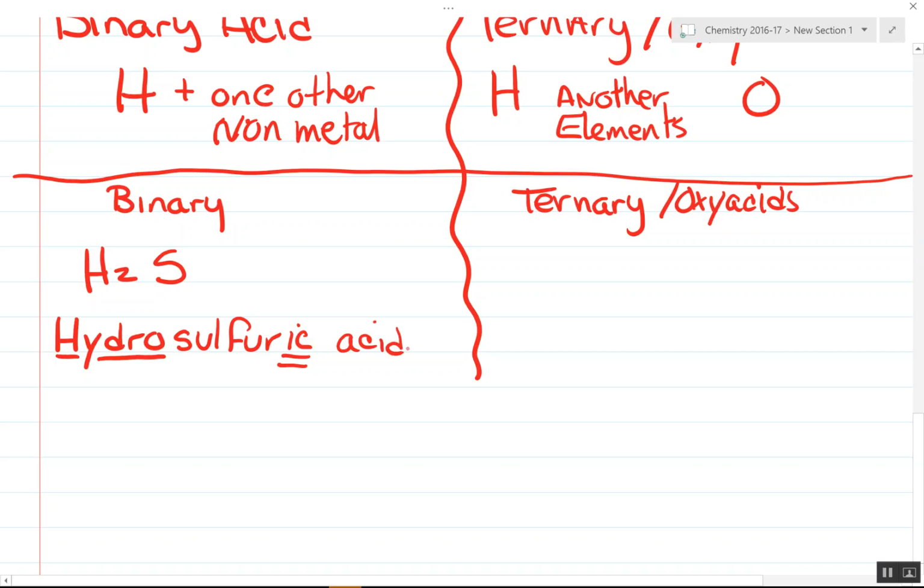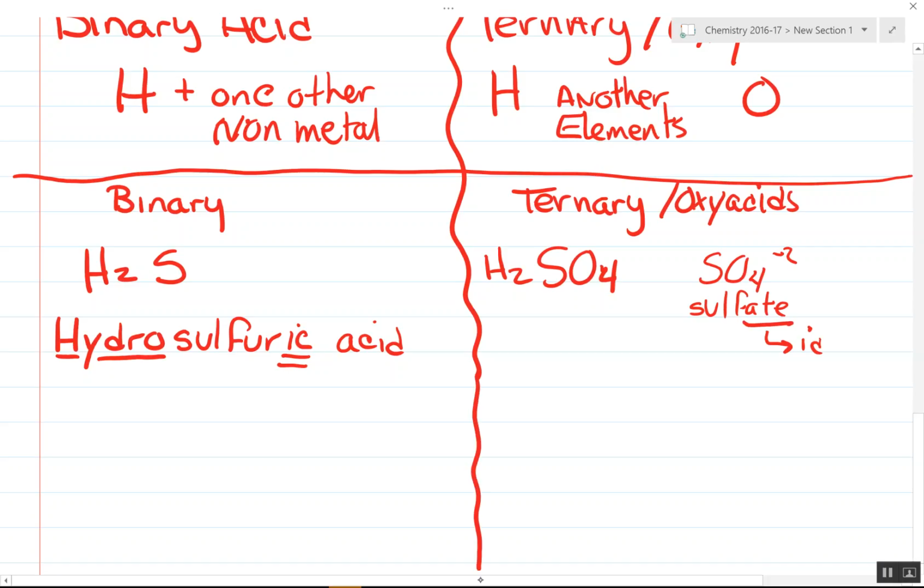All right. Now, if I do H2SO4, this is totally different. It's going to sound the same, but these are two distinctly different acids. What is SO4 called? Sulfate, correct? And we said when you're dealing with acids, 8s then become ics, but no hydro.